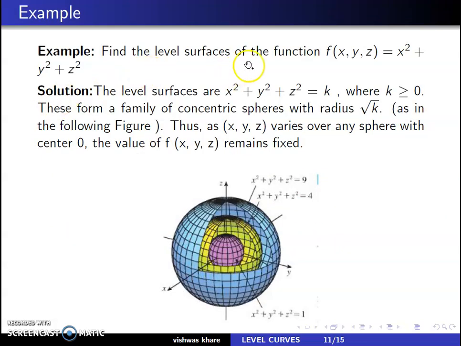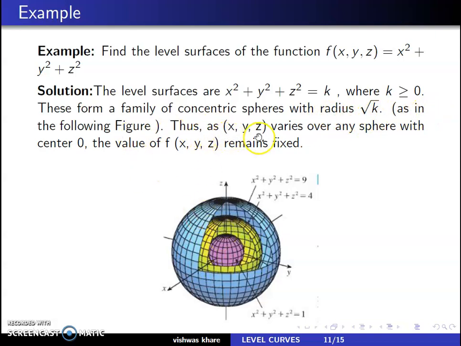For example, find the level surfaces of the function f(x, y, z) is equal to x square plus y square plus z square. Solution. The level surfaces are x square plus y square plus z square is equal to k, where k is greater than or equal to 0. These form a family of concentric spheres with radius root k as in the following figure.